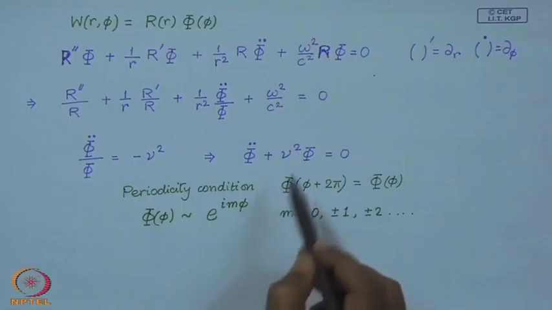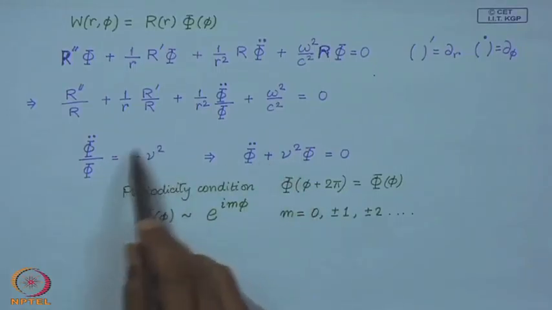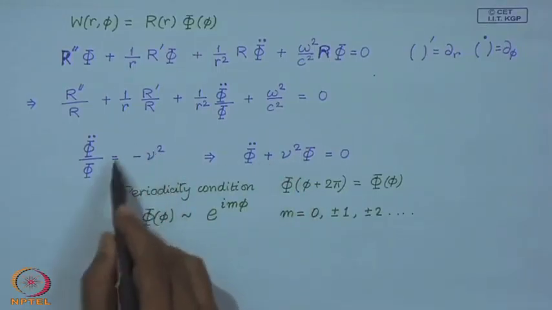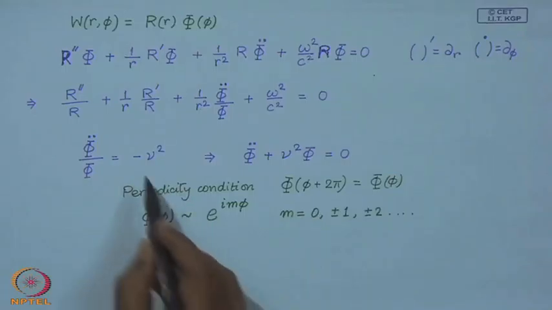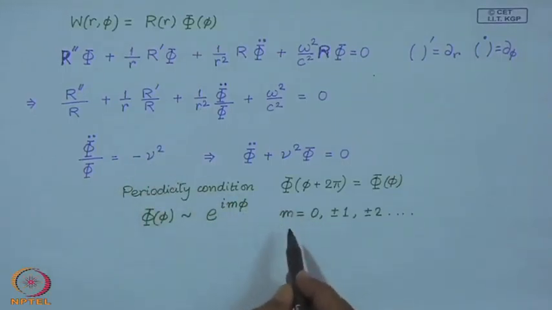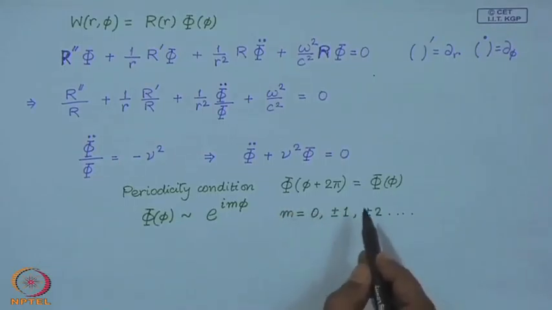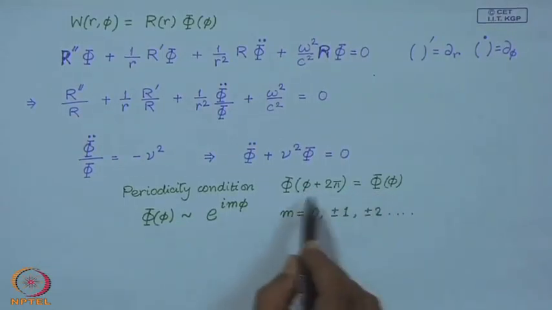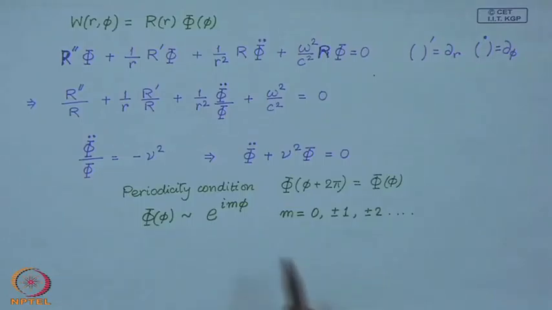This solution is possible only if I choose this constant to be minus nu square, and nu cannot be arbitrary. We know that nu has to be an integer, so that this periodicity condition is satisfied.